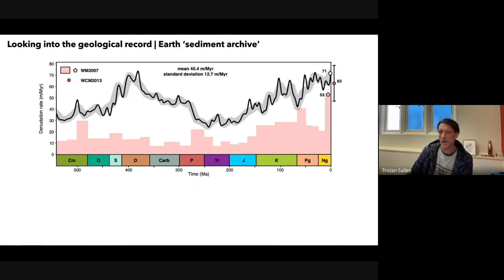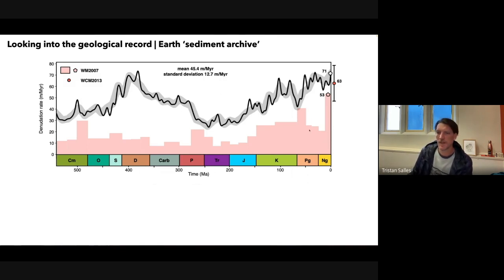This is data from the present day or the Neogene, so the last 5 to 10 million years. Values proposed in the literature have a mean of 63 and range between 50 and 78 meters per million years.